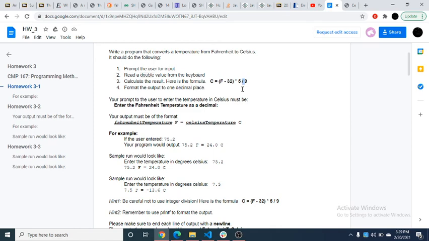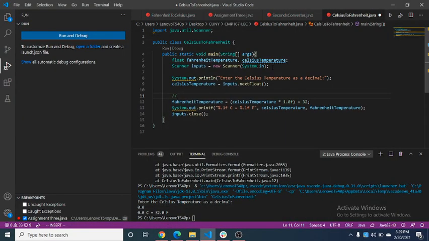You want the fractional or decimal portion. So you'd have to cast 5/9 as a double. You could either make 5.0 or 9.0, or you could do an explicit cast where you cast one of them.